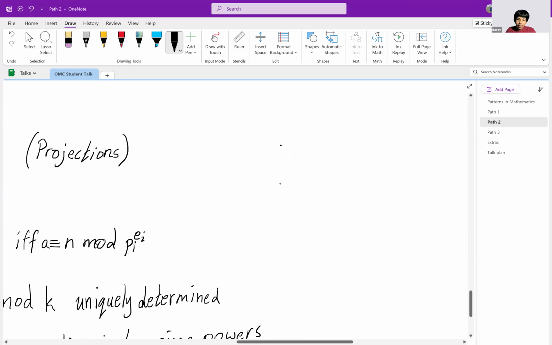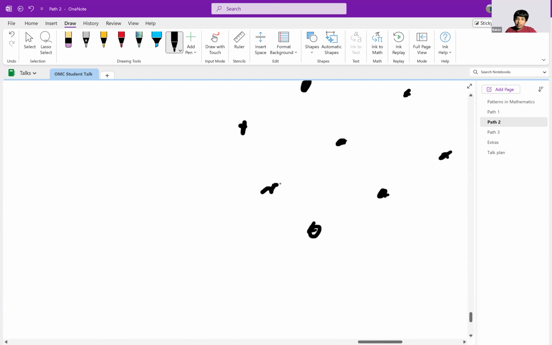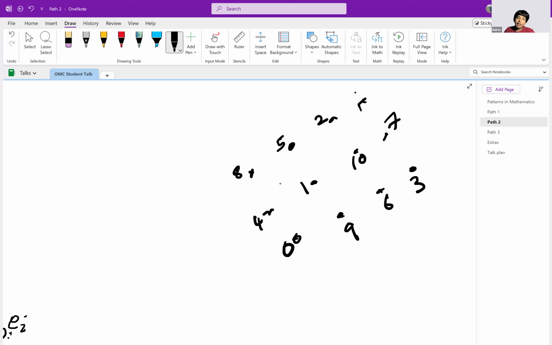So say if we had some sort of mod 12, and we sort of say it has a grid like this, where this is the mod 3 and mod 4, and this is 0, 1, 2, 3, 4, 5, 6, 7, 8, 9, 10, 11.